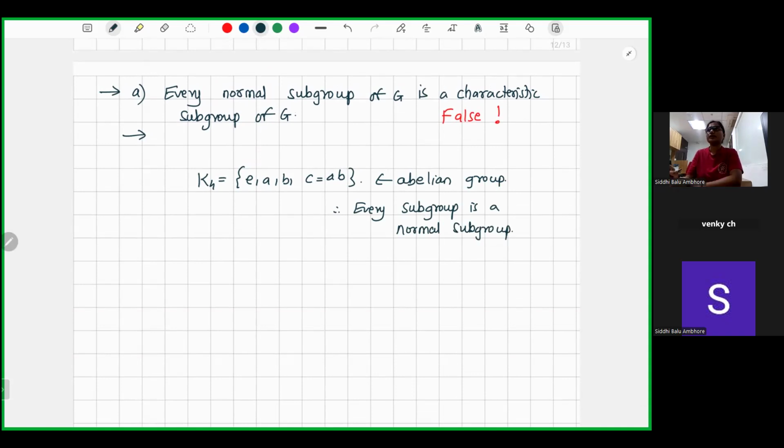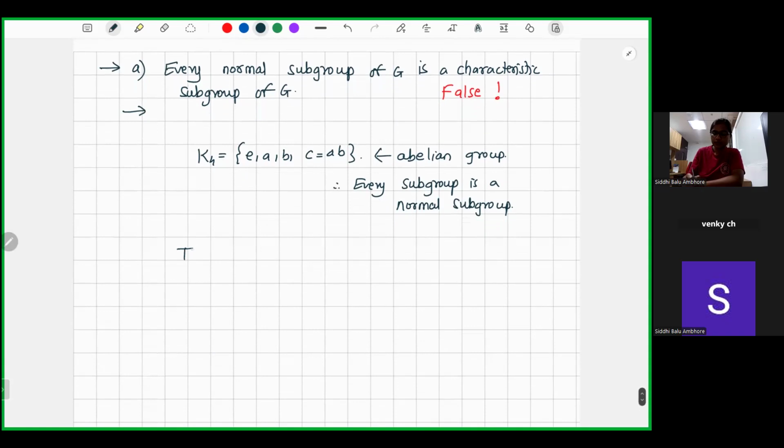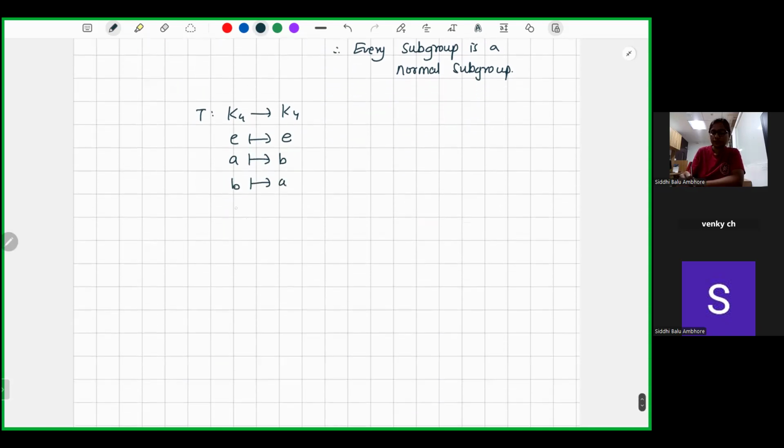Is this okay? Can we define T from K4 to K4 such that E goes to E, A goes to B, B goes to A, and C goes to C?